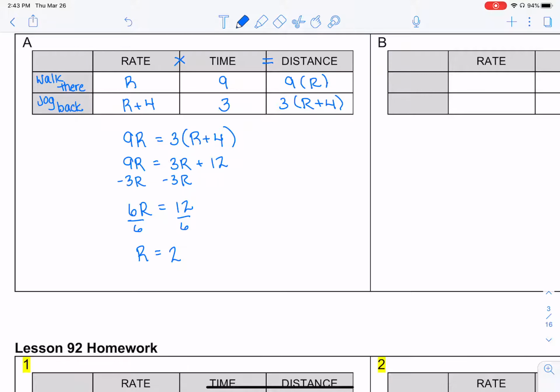Now before we box in, let's just go back and see what the question is asking. How far did they jog? Well, we found the rate for the walk there, but we did not find how far. How far means what is the distance. So how do we find the distance? Well, we can use either of these 2 equations up here in our table. I'm going to choose the shorter one, 9 times r.